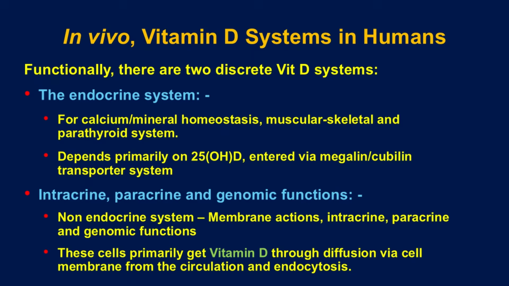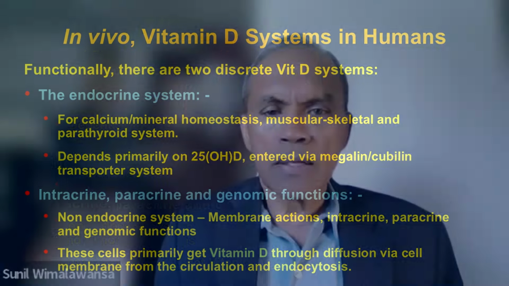These are predominantly dependent on D3 or D2, not necessarily 25-hydroxy D. So as you see, the second system may not work properly and optimally if anyone is supplemented with 25-hydroxyvitamin D, because D3 is the one these cells depend on in this non-endocrine system. And this D3 and a small amount of 25-hydroxy D get into these cells through diffusion.